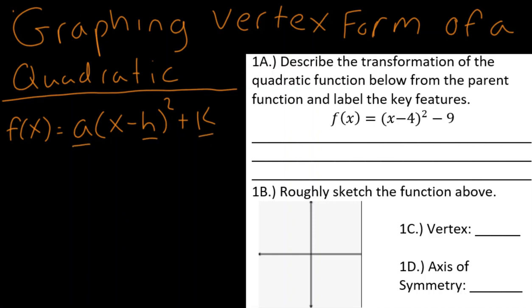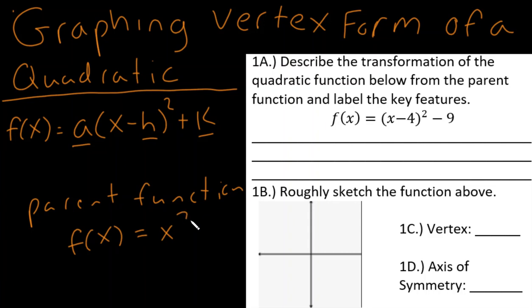So first let's start out with what is the parent function. Every single function has what's called a parent function, and a parent function is just the simplest form of that. So for quadratic functions, a parent function is f(x) = x². Anytime you see this square and that the power of 2 is the highest degree, what you're dealing with is a quadratic function.